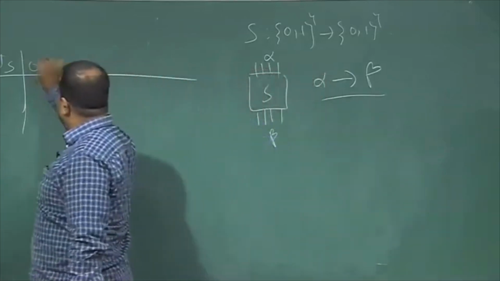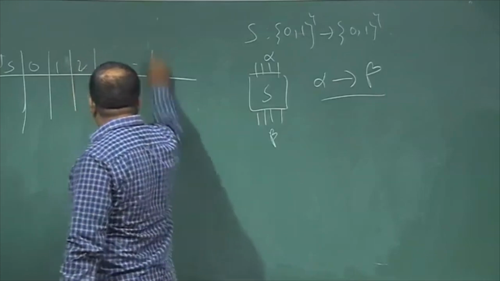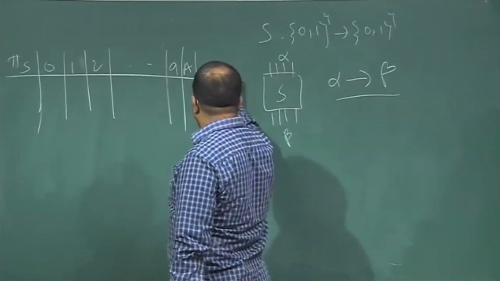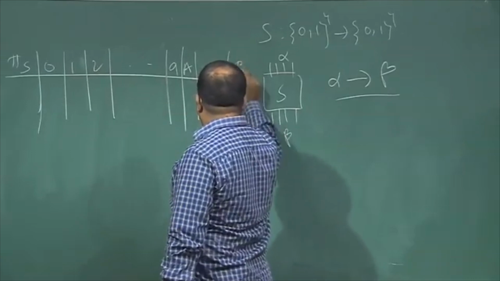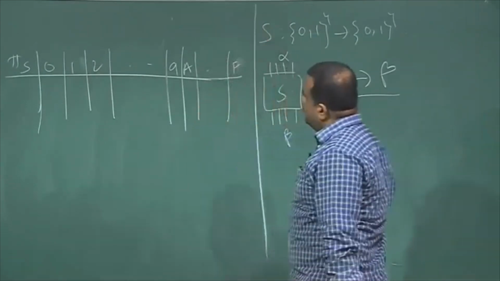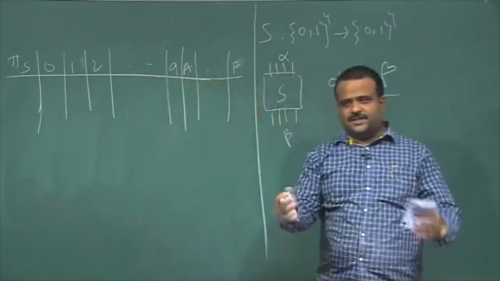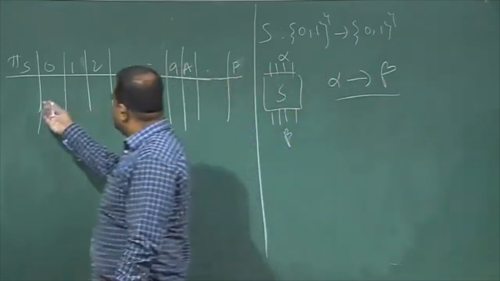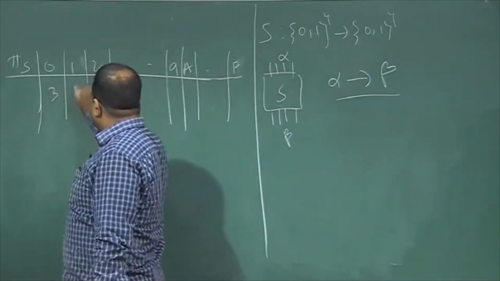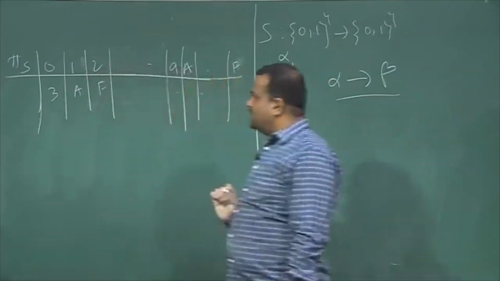So the input is 0, 1, 2, 3 up to 9, then 10 and so on up to f, where f is 15. So 0 to 15 basically. Then we have the corresponding output. We can take a standard SPN S box from the book. I can't remember the exact form of this. Suppose this is 3, a, 4 like this. Suppose we have this data.